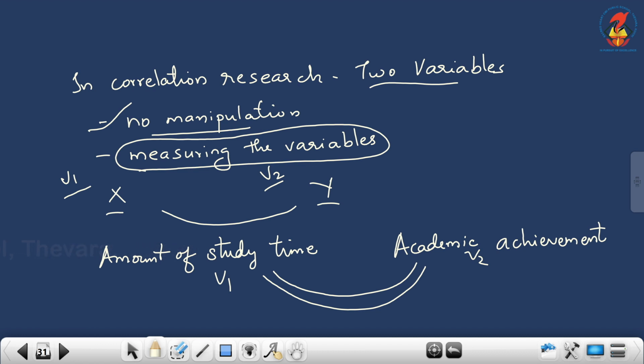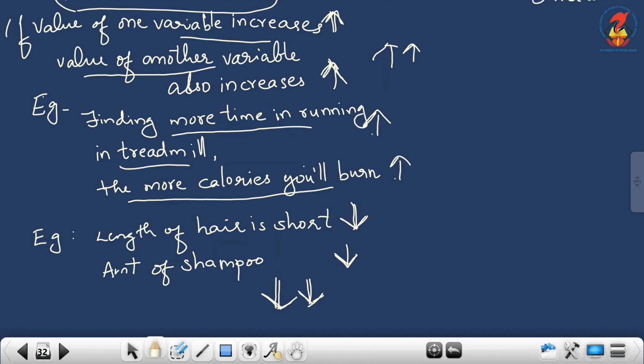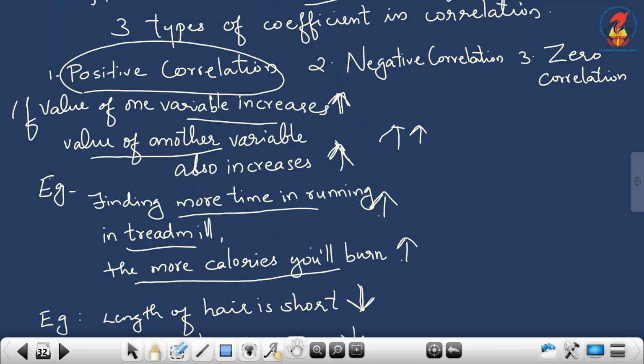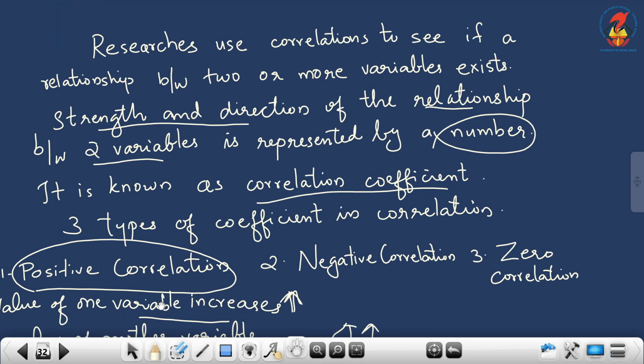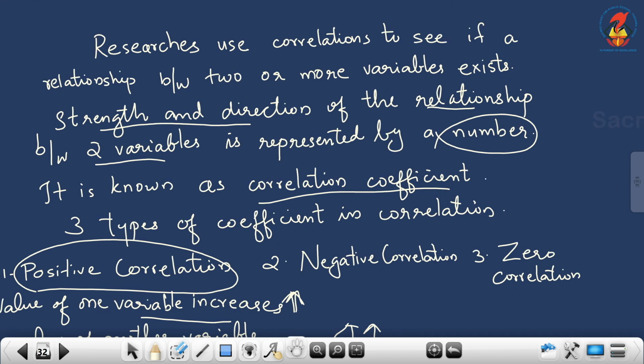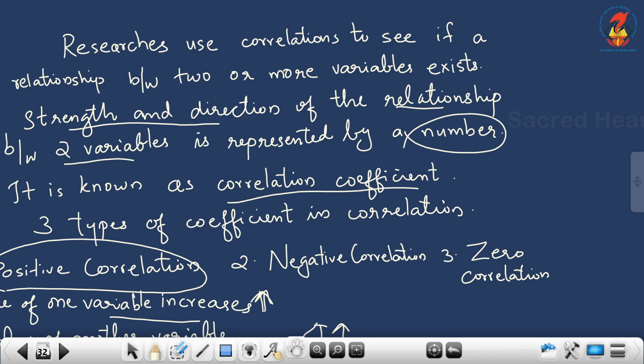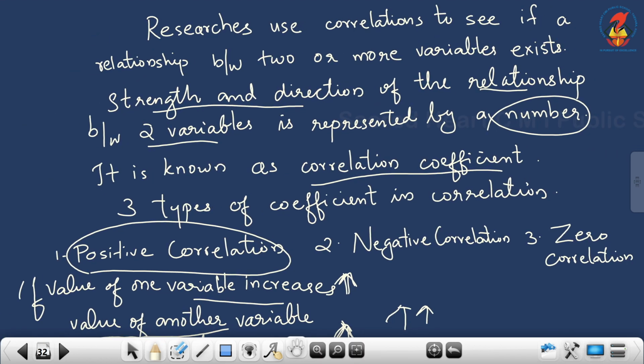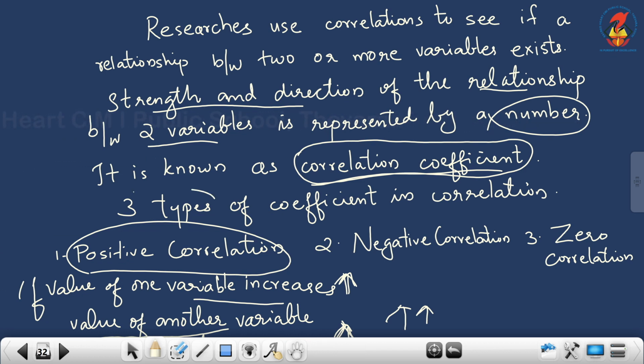We find the relationship between these two variables, and the strength and direction of the relationship of two variables is represented by a number called the correlation coefficient.